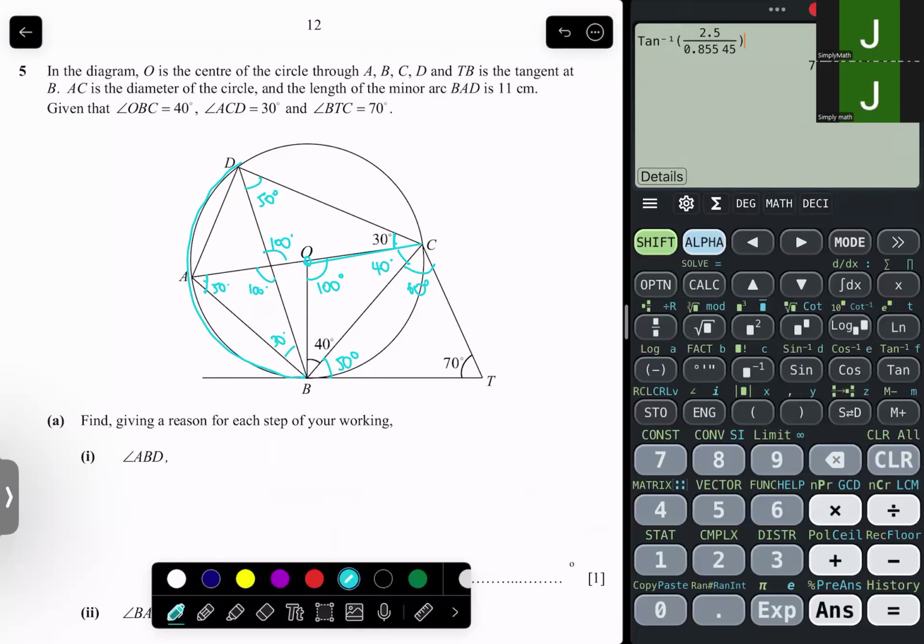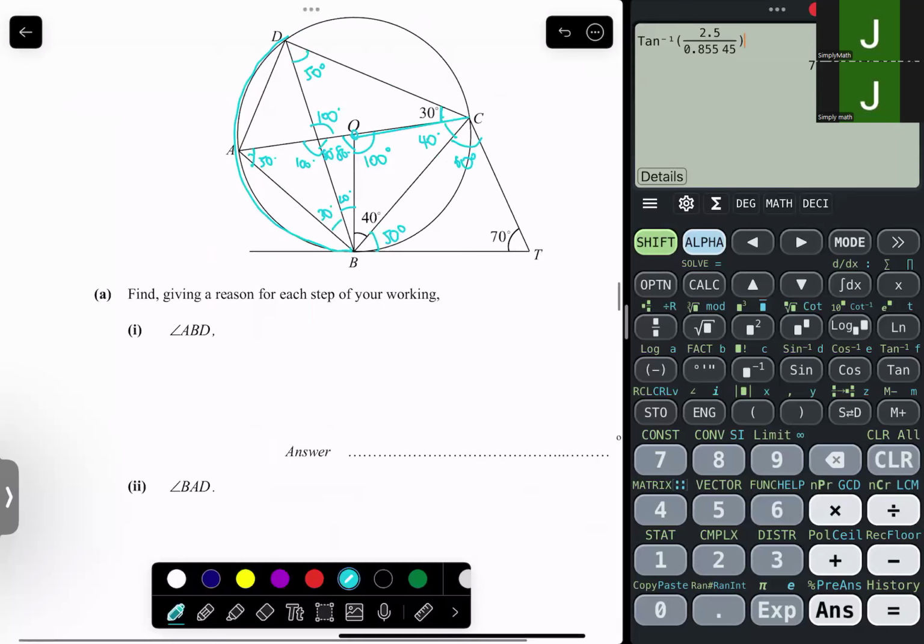So that means this is 80 degree. This is also 80, which will make this angle to be 20. Oh, actually, yeah, angle in the semicircle, so this is 90. So ABD, we actually found, right?